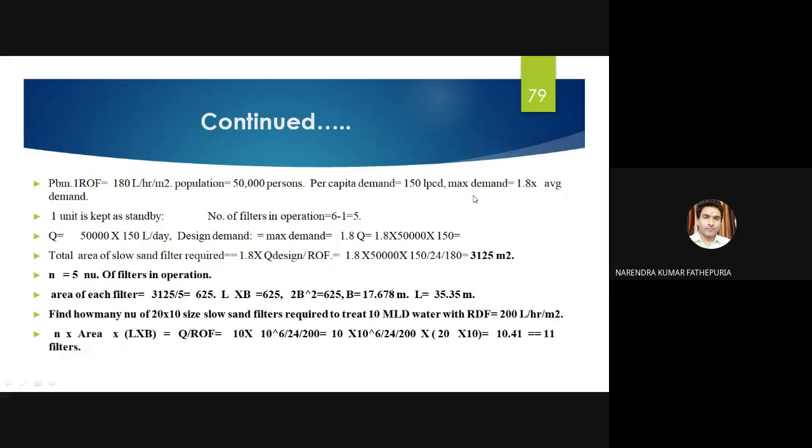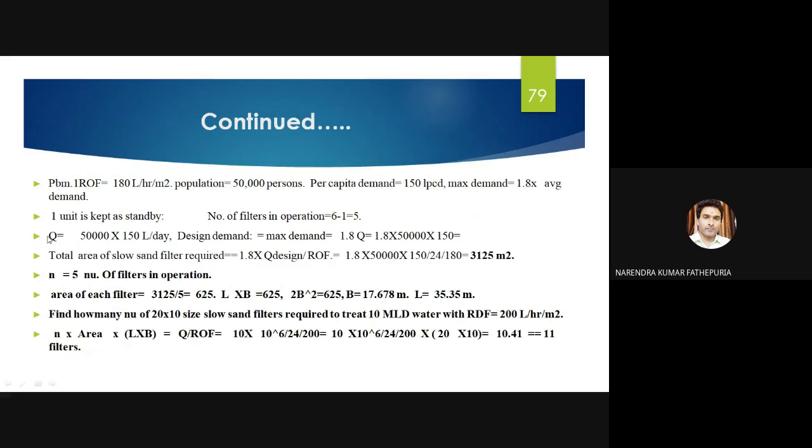Maximum demand you will calculate for the water supply. As it would be 6 minus 5. So total filters you have provided is 6.